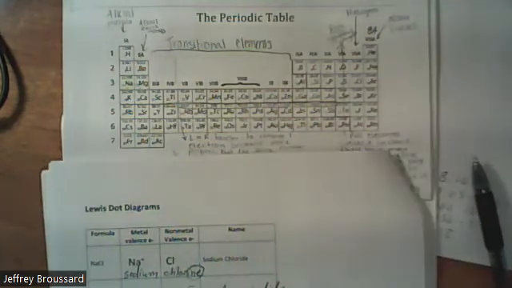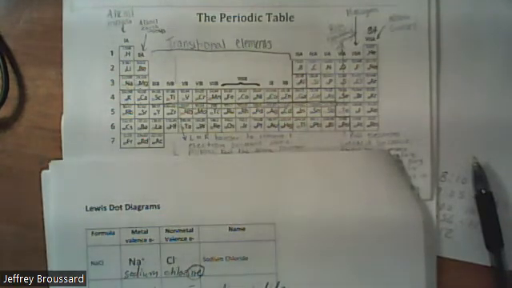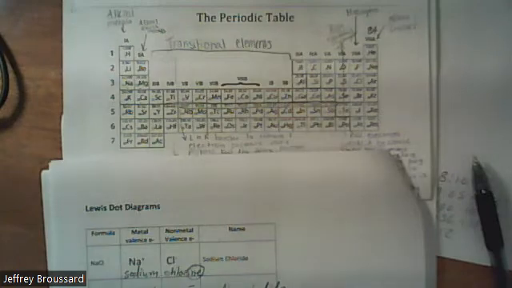Ra is radium, right? I'm going to bring up Google. Let's not go to Google. Is there something wrong with this table? Periodictable.com. Non-compliant action. Okay, Google. Periodic table.